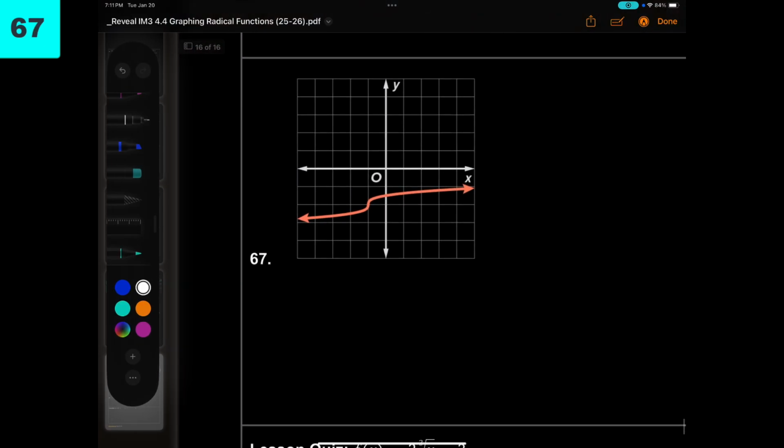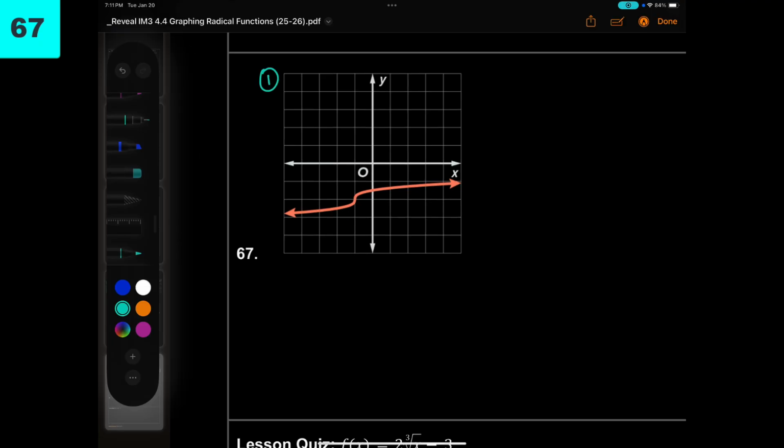Okay, number 67. Let's do the same thing. Let's identify our x, y, h, and k. So that one looks like -1, -2, so our h, k.